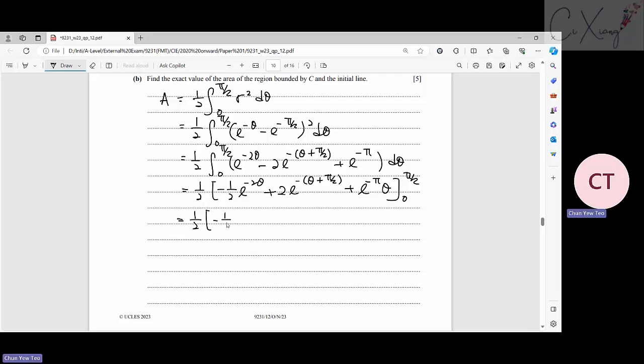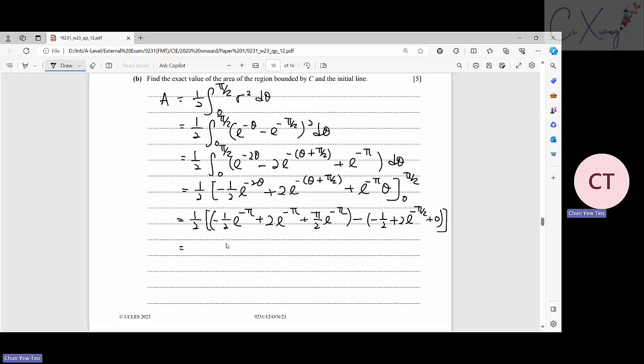So this one will be e to the power of negative pi, plus 2e to the power of negative pi, plus pi over 2 of e to the power of negative pi, minus the negative half, plus 2e to the power of negative pi over 2, plus a 0.